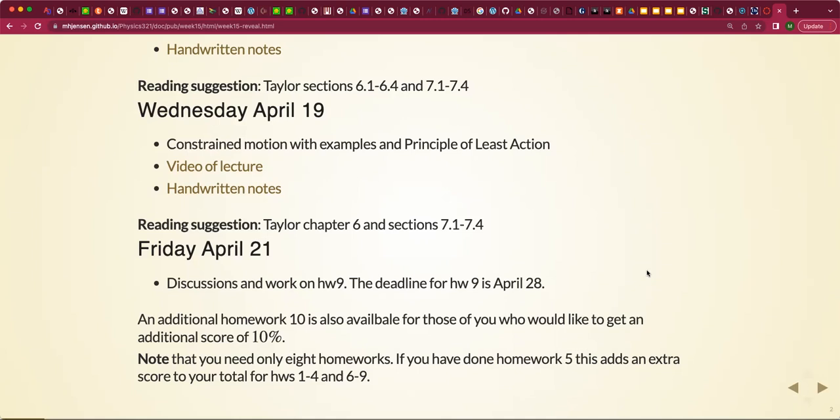If you then add another 100, you would have 900 divided by 8. So that gives you additional score on the final score. So everything is just added up, what you have done. So if you have more, that simply adds up and can compensate if something went wrong in one homework or in one of the midterms. So there's always the possibility to make up, if you're interested, obviously.